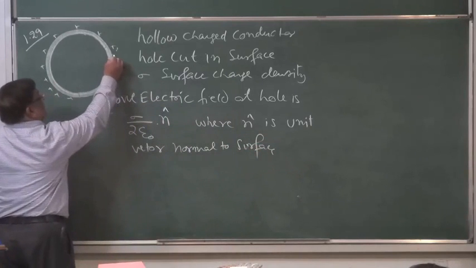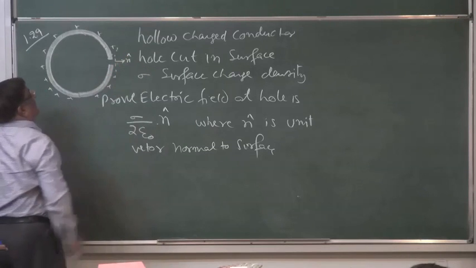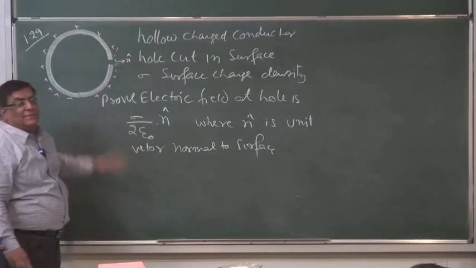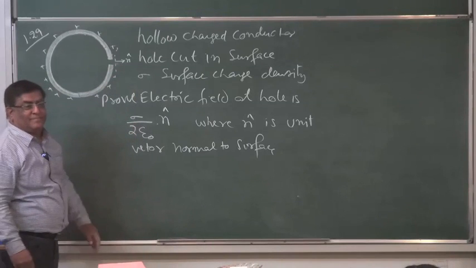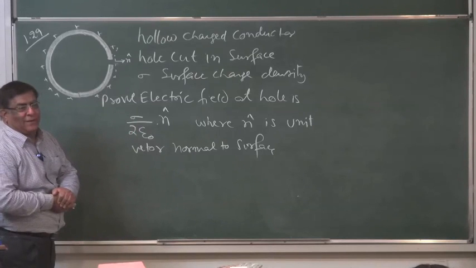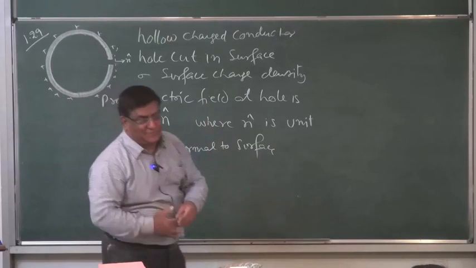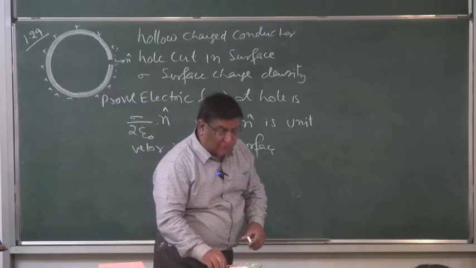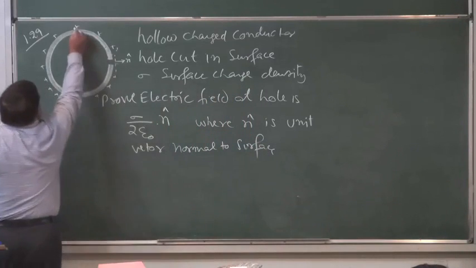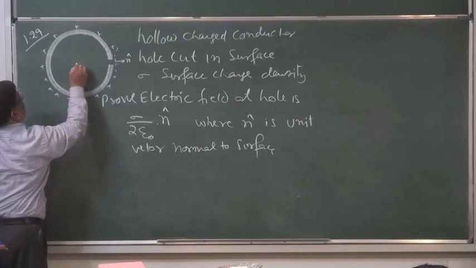नॉर्मल टू सरफेस, ये यहाँ पर सरफेस है और ये यूनिट वेक्टर n है. तो इनका कहना है यहाँ इलेक्ट्रिक फील्ड इस डायरेक्शन में है और इतना है. दिस इज टू बी प्रूव्ड. कैसे प्रूव करेंगे? दिस इज नो कैलकुलेशन. सोचिए, देखो, this positive charge, because of these two, what is the electric field here?